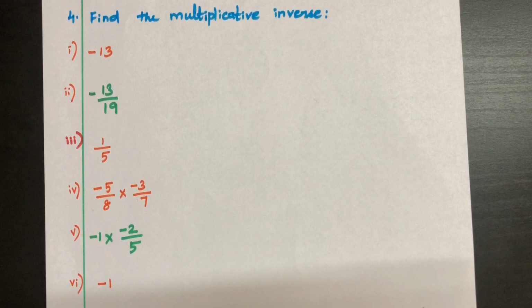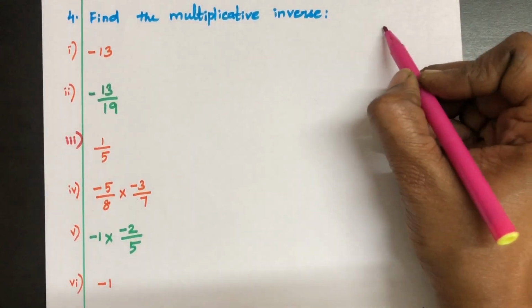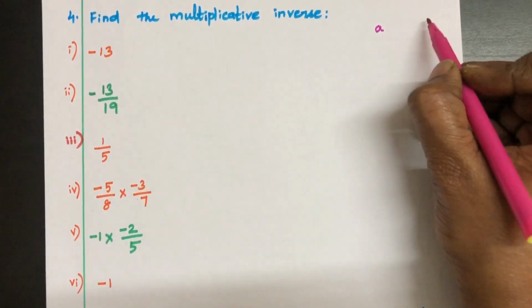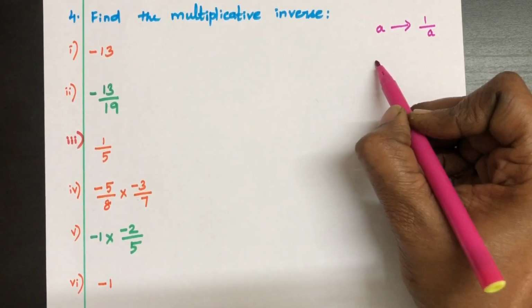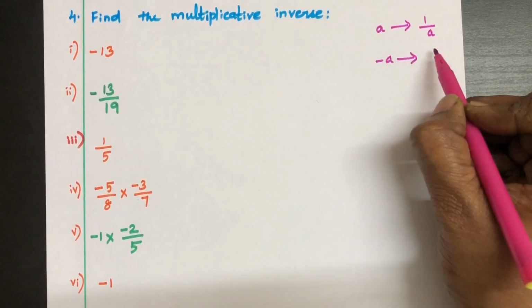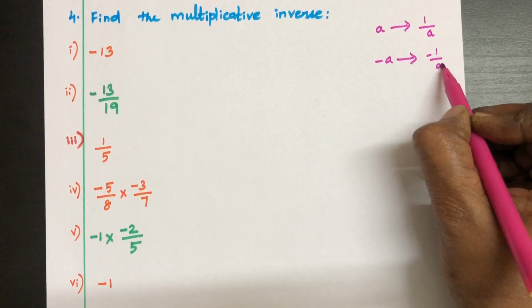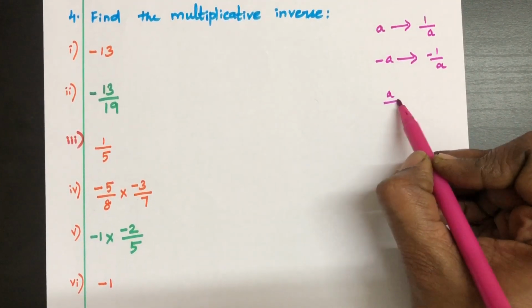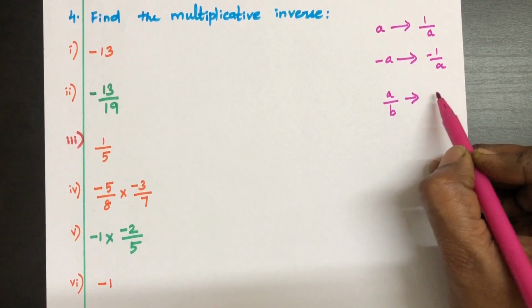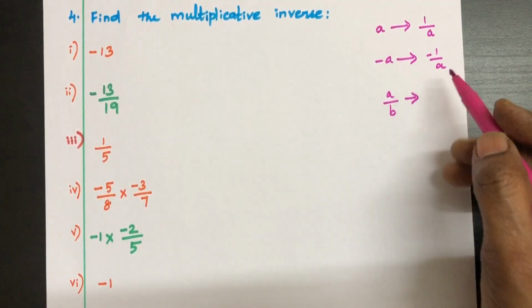Fourth question, find the multiplicative inverse. Multiplicative inverse means if you give a, its multiplicative inverse is 1 by a. If it is minus a, its multiplicative inverse is minus 1 by a. It is for the single number. If it is a fraction, a by b, its multiplicative inverse is the reciprocal.